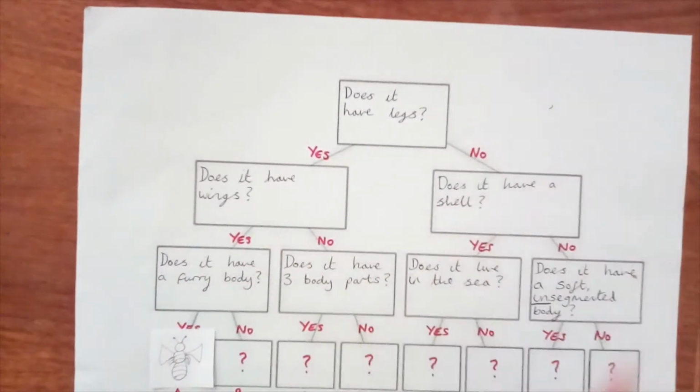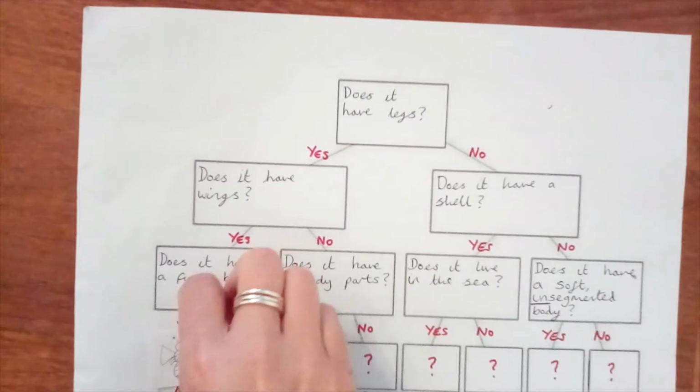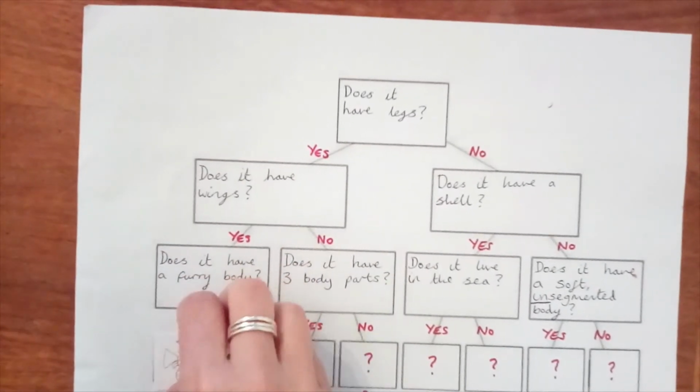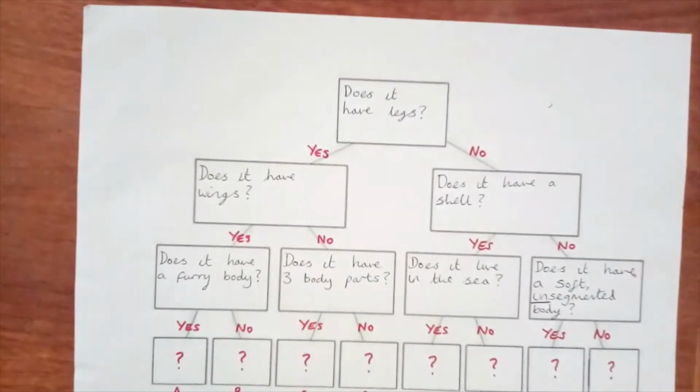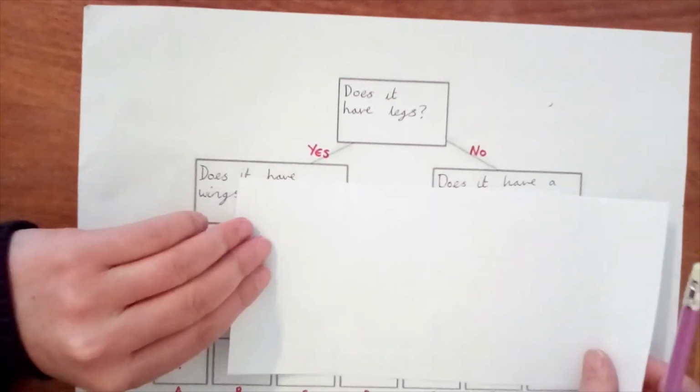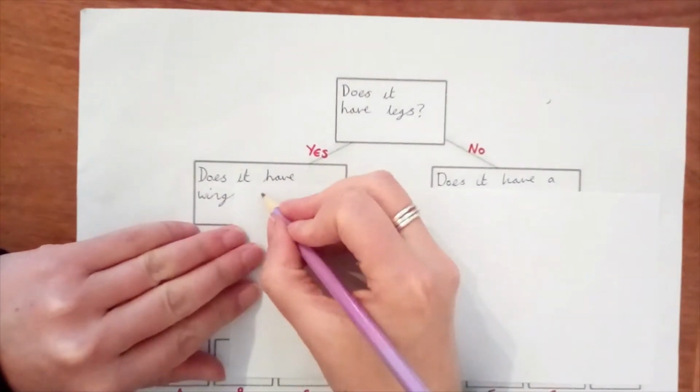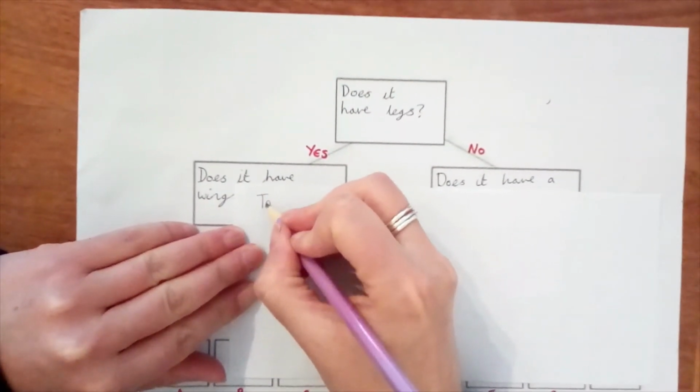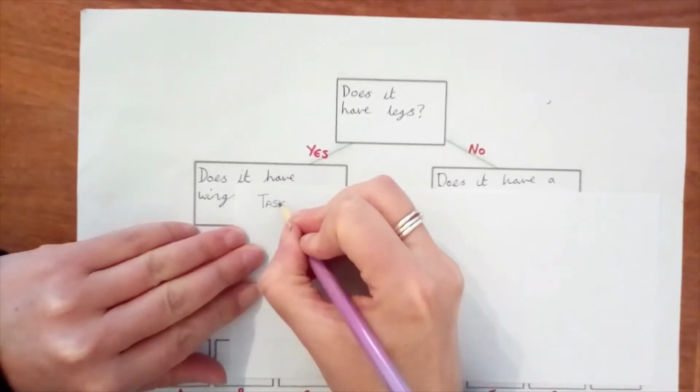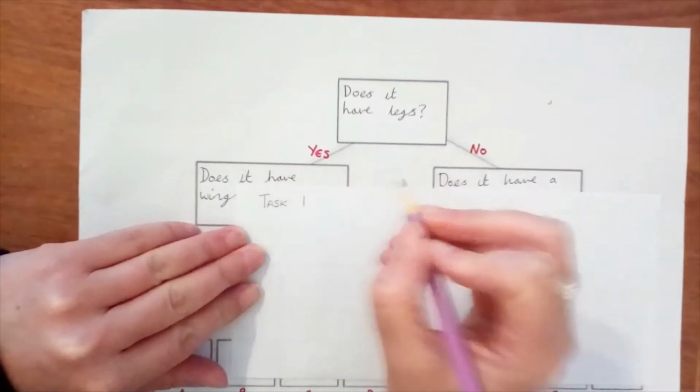So you can either do it on the sheet like this and draw the pictures, cut them out and stick them on, or you could get another piece of paper and just write task 1.